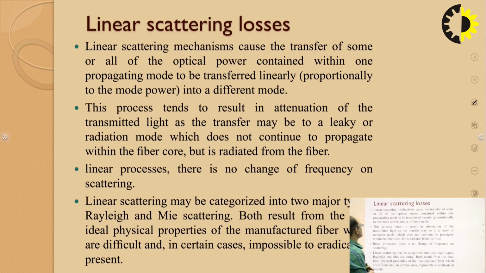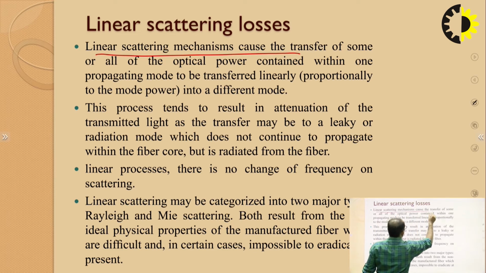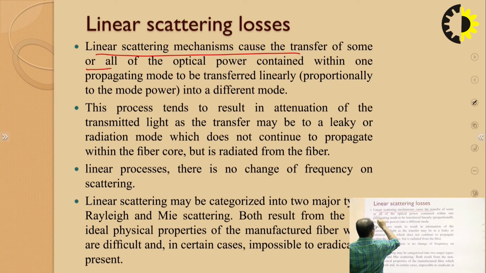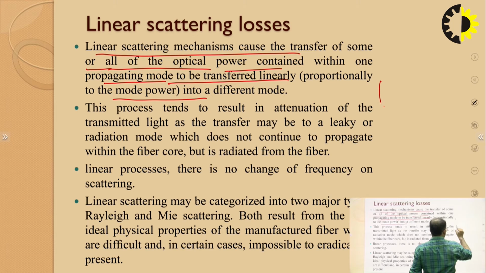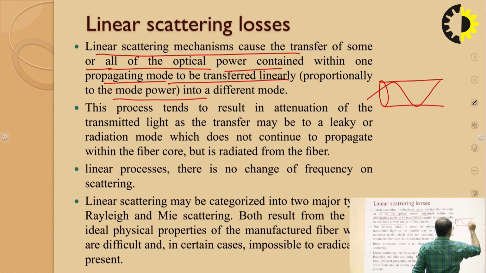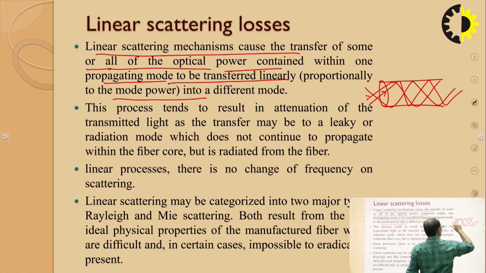So this linear scattering mechanism causes the transfer of some or all of the optical power contained within one propagating mode to be transferred linearly into a different mode. Let us say there are three modes traveling inside the optical fiber cable.